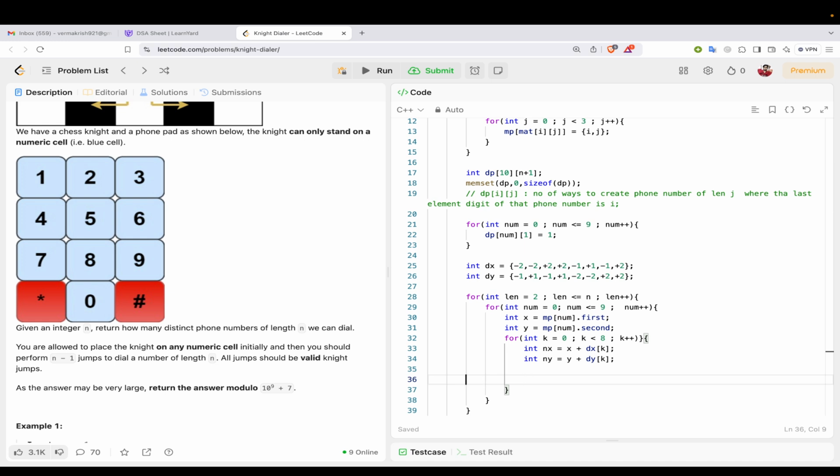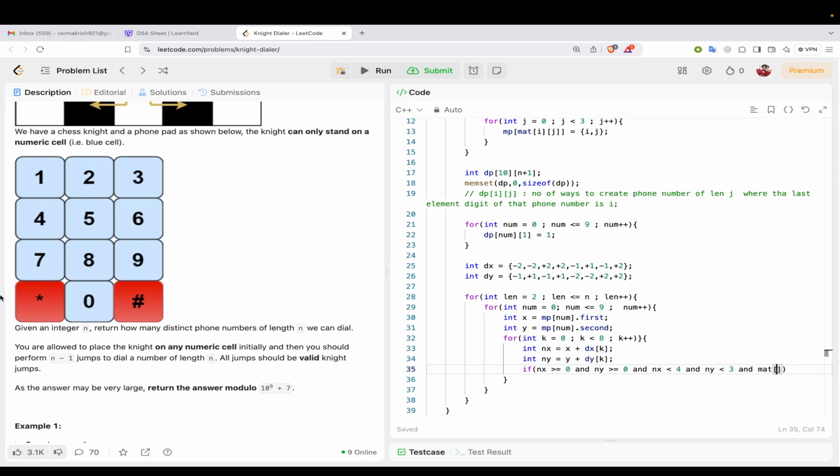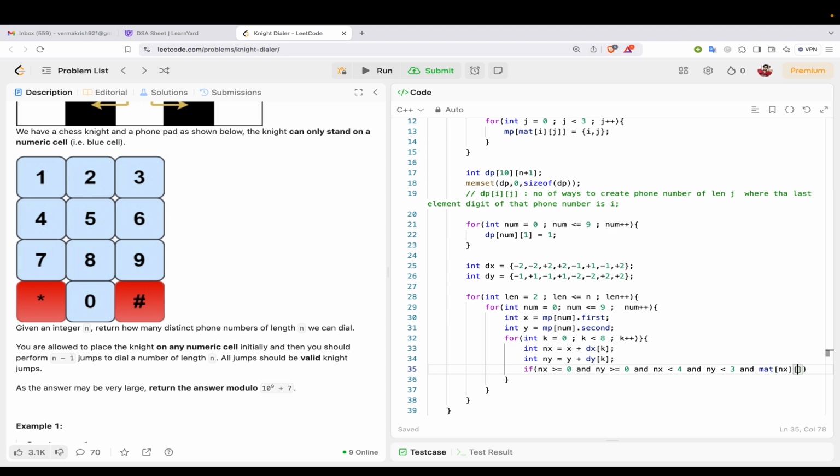So we will just write if nx greater than or equal to 0 and ny greater than or equal to 0 and nx less than 4 and ny less than 3, and also mat of nx and ny not equal to -1.